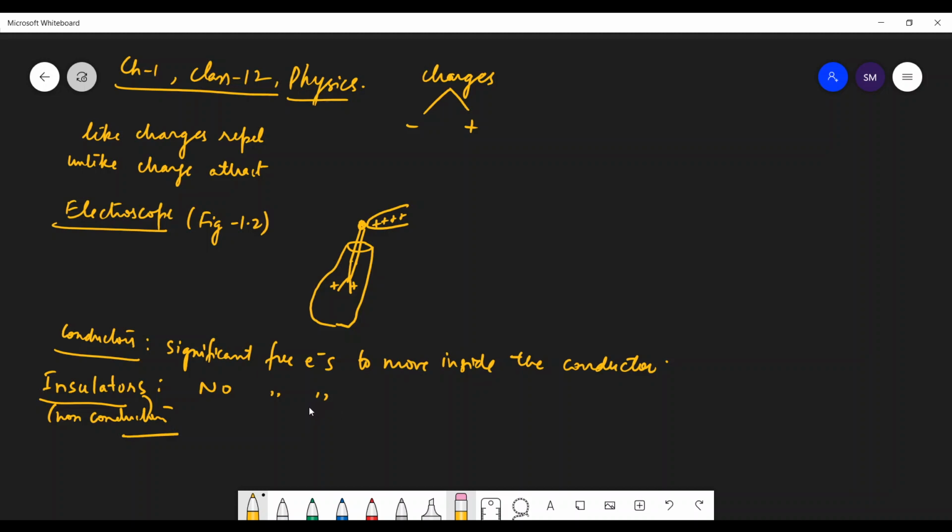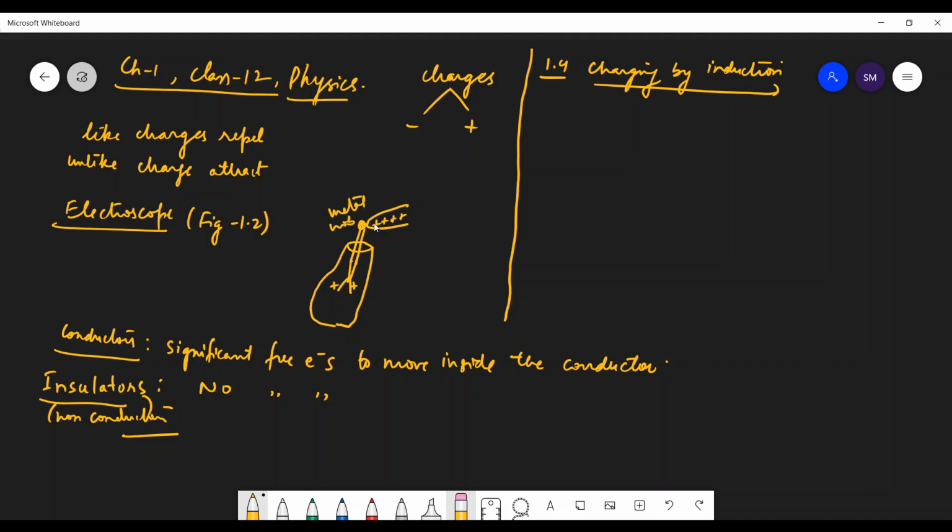Then comes our next topic, which is very important. Students, in the last few years, we have had questions from this topic, charging by induction. Here I have touched this metal knob and supplied the charge by touching this knob to this conductor, the electroscope.